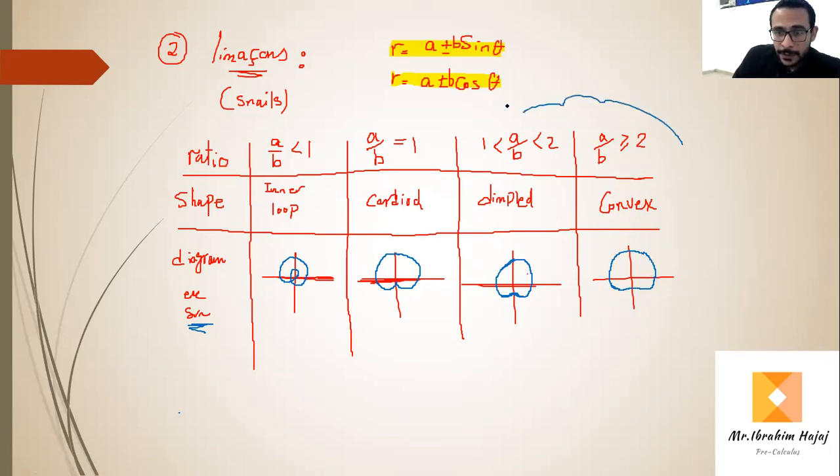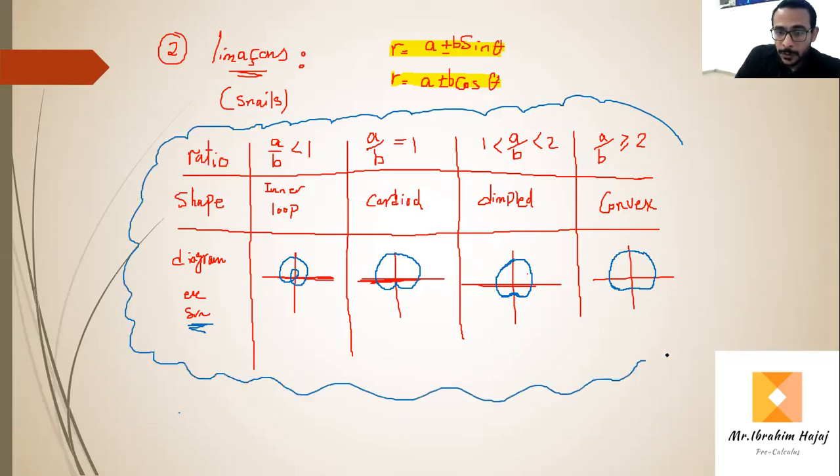So this table is very important to you. We are now in limaçon polar equations. It's originally French, like snails. Like the snail here, we have a loop inside, a circle. The equation is r equals a plus or minus b sine theta, or r equals a plus or minus b cosine theta.